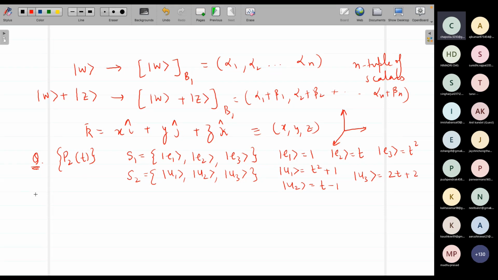Now let me ask questions like this. 1. Is S1 linearly independent? Is S2 linearly independent? So these are part A, part B of the question. 2. Can S1 be a basis for P2(t)? What about S2?